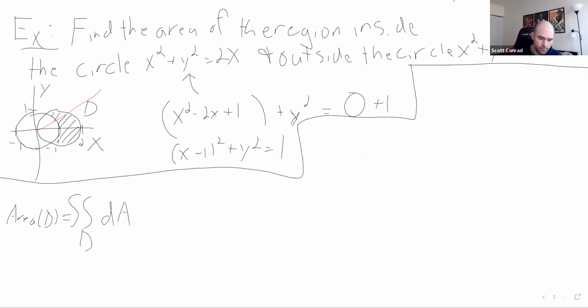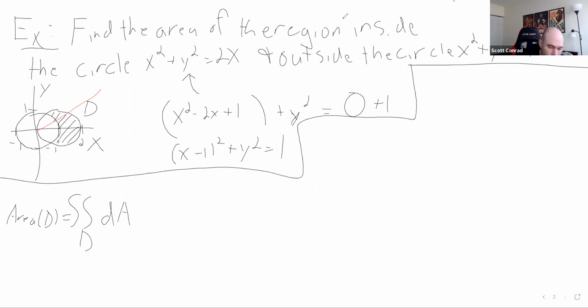So look at what is the first thing. Start at the origin, move out. What is the first thing? What is the curve that this line first hits? We need to write that in polar coordinates.